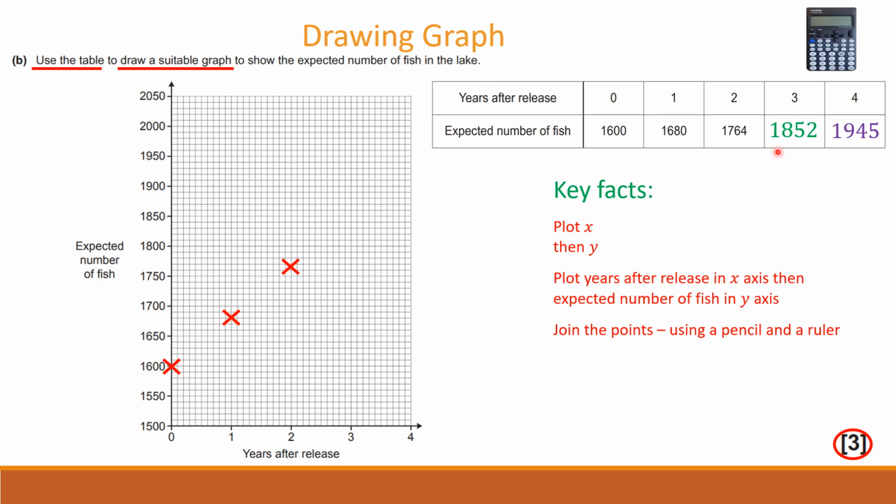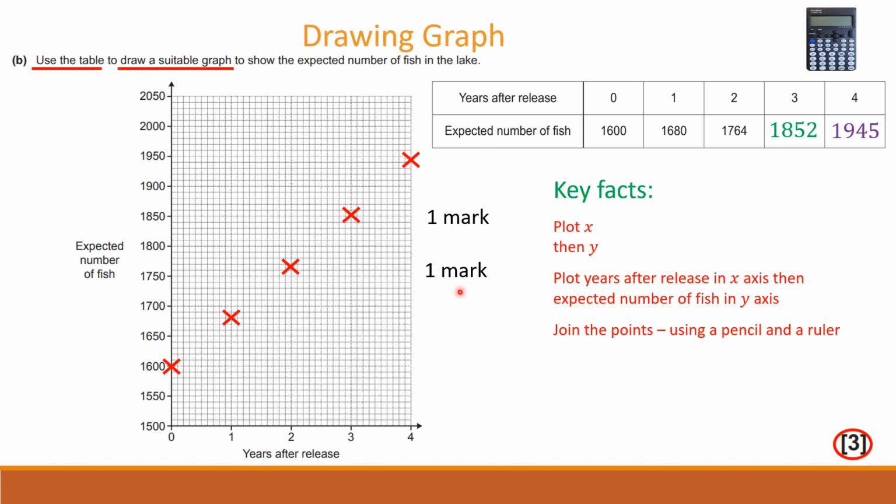Then we've got 1,852, so we go across 3 years, up 1,852, so just slightly more than 1,850. Here's the next one, and for plotting 4 points you would have got 1 mark. For your 4th point we would have got 1,945 plotted, so that is literally below the 1,950 mark, so a half a square below.